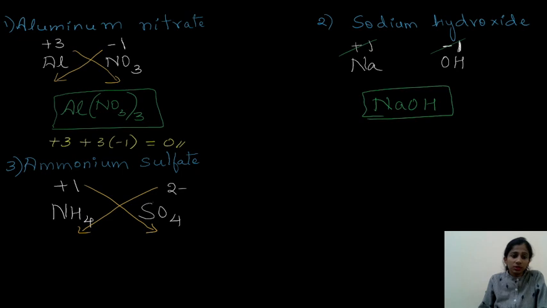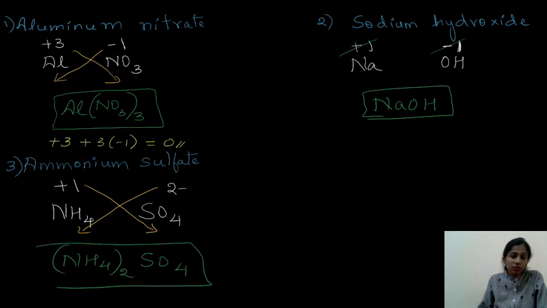When you do this, you can see that NH4 will be having a subscript 2. So polyatomic ions, as I've told earlier, you're supposed to make use of the bracket. So the formula will be NH4 twice. Since it is 1 here, I'm not going to use the bracket even though it is a polyatomic ion. I'm writing it as it is, as SO4. So this is the formula for ammonium sulfate.